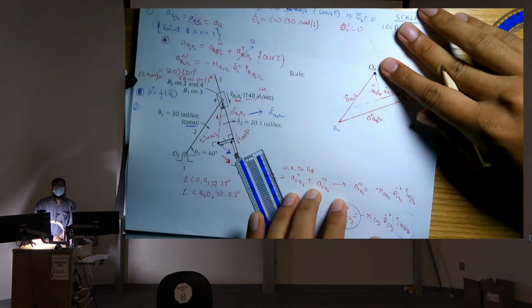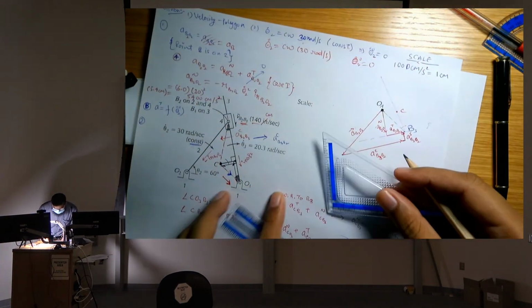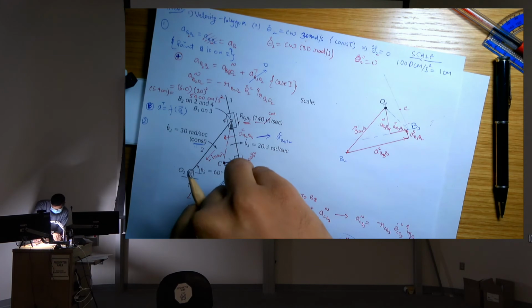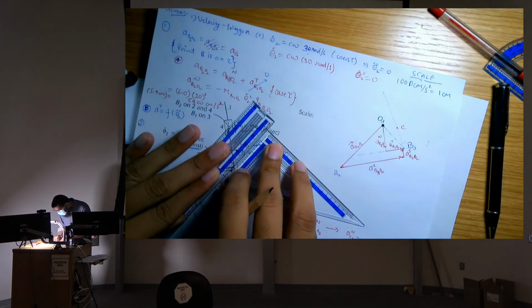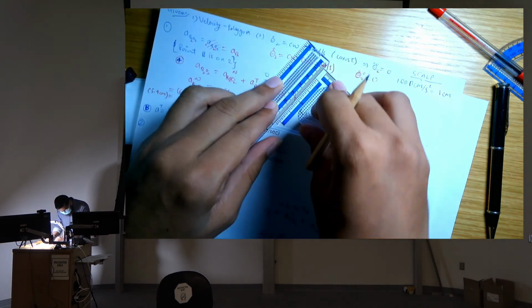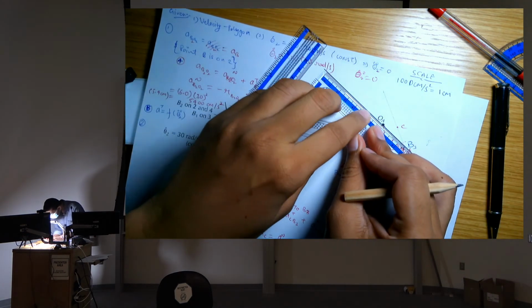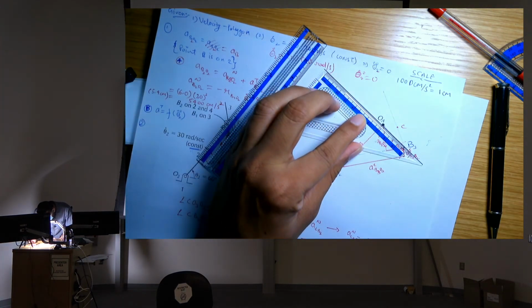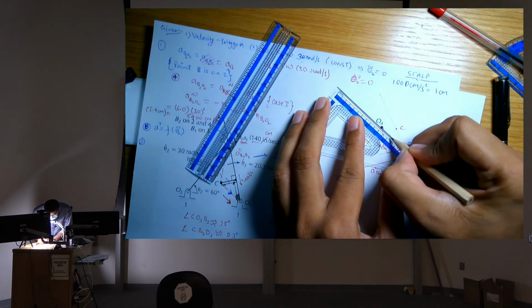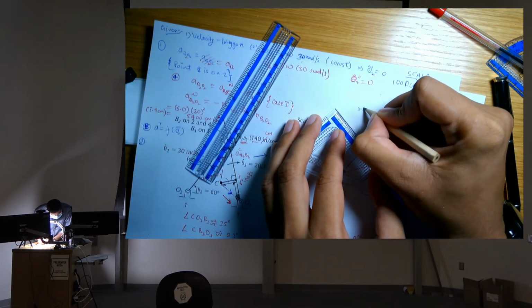So let's forget about C here and place this direction on the acceleration polygon. Along this line we have A_CO3 normal.